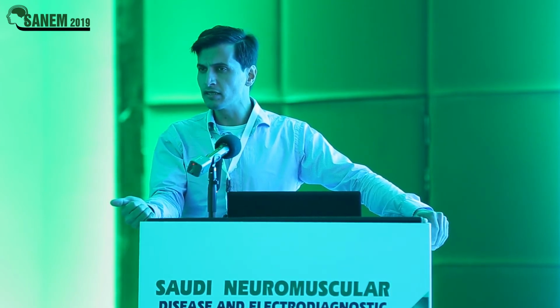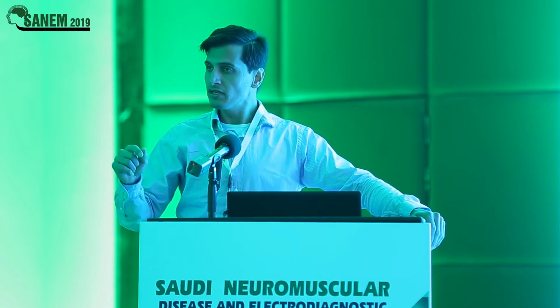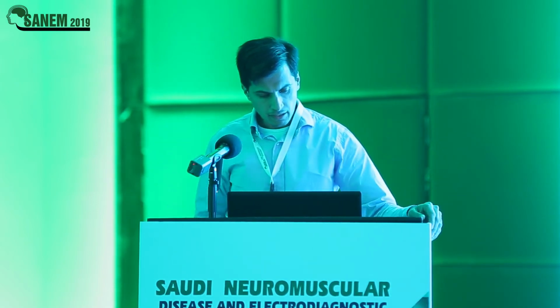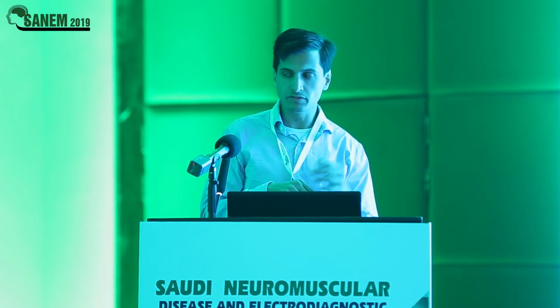The thing against MMN is there's no conduction block. Usually the weakness in MMN follows a single motor nerve, but here we have a myotomal distribution. In cervical polyradiculopathy and motor neuron disease, the weakness is myotomal, so it spans different myotomes, different nerves.